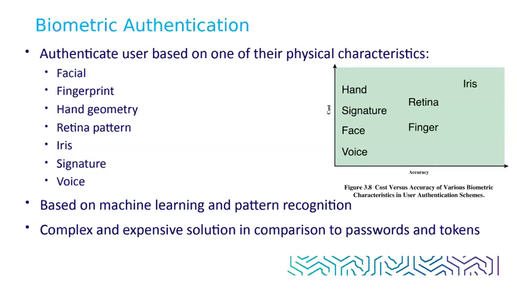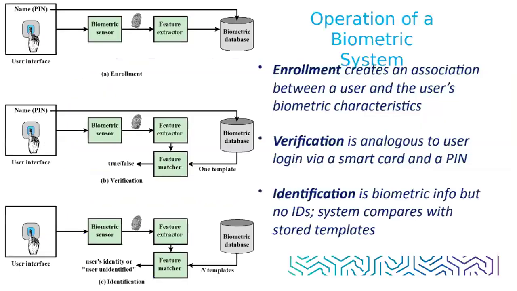Every category has different advantages as well as limitations. Because no single authentication method is perfect, modern organizations often combine biometrics with passwords and smart cards to implement robust multi-factor authentication.